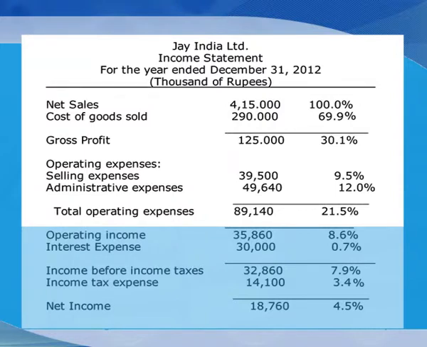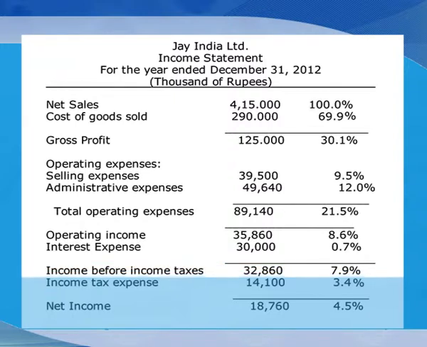Total operating expenses 89,140, 21.5%. Operating income 35,860, 8.6%. Interest expense 3,000, 0.7%. Income before income taxes 32,860, 7.9%. Income tax expense 14,100, 3.4%. Net income 18,760, 4.5%.